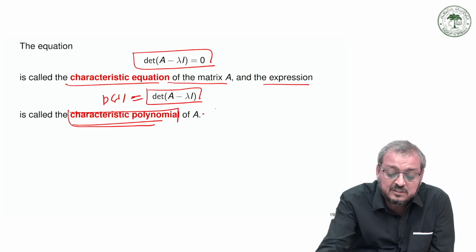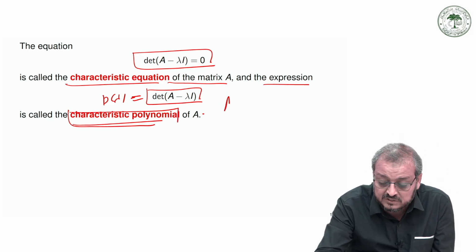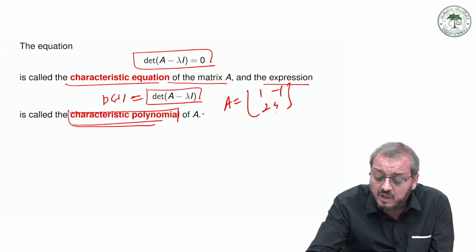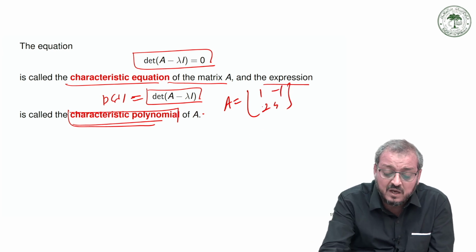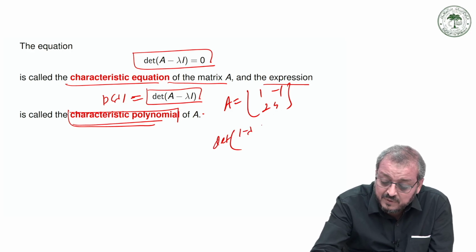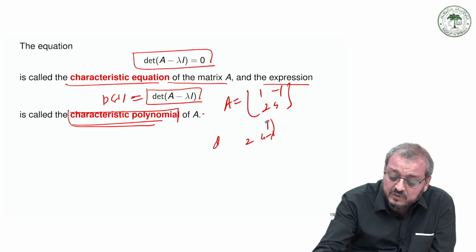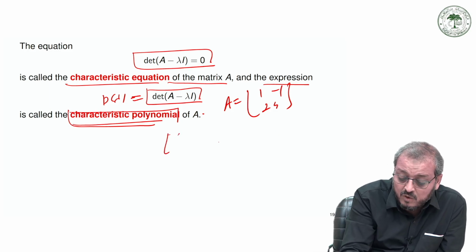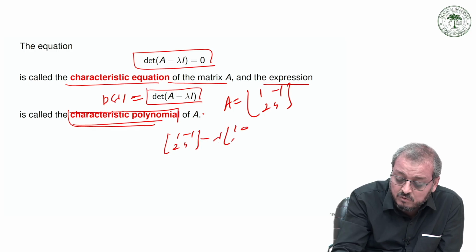For example, take A equal to [1 -1; 2 4]. To find its characteristic equation, we calculate the determinant of A minus λ times the identity matrix [1 0; 0 1].